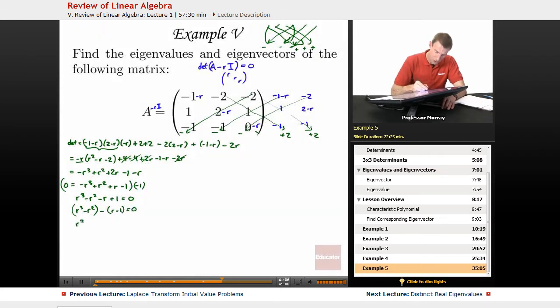I can factor that as R squared times R minus 1 minus R minus 1 is equal to 0. And so I get R squared minus 1 quantity times R minus 1, I'm factoring out R minus 1, is equal to 0. But R squared minus 1, I know I can factor that into R minus 1 times R plus 1.